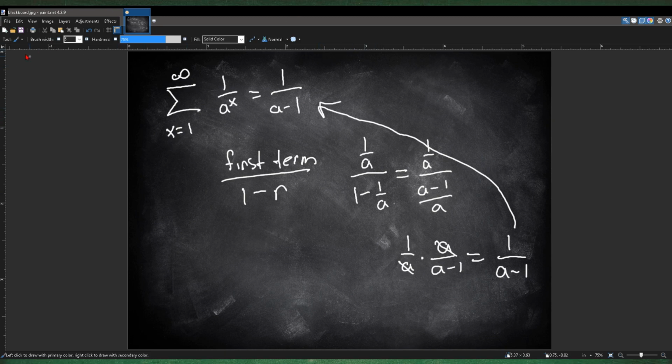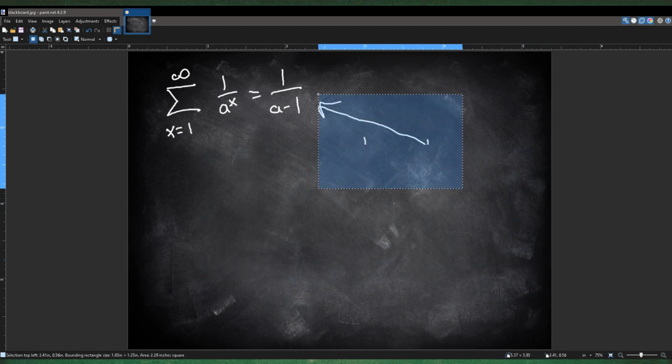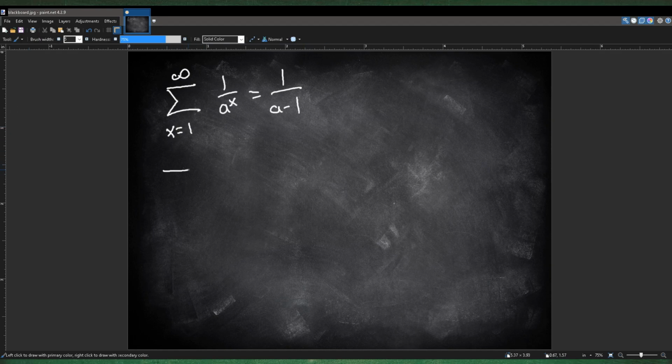So using this concept, we're going to find the summation from x equals 1 to infinity of x divided by a to the power of x. So imagine you want to find the summation of x divided by 5 to the power of x.